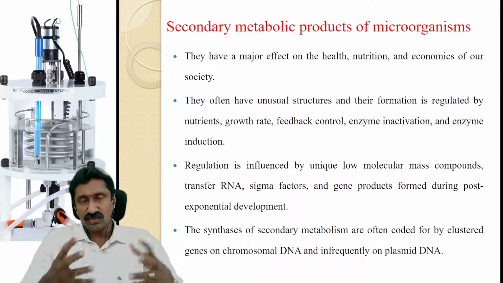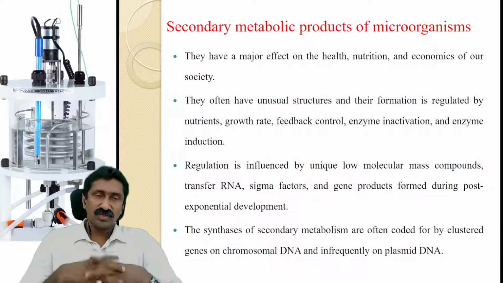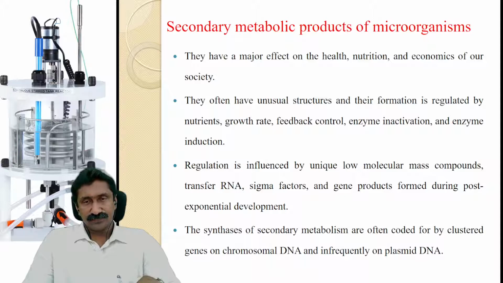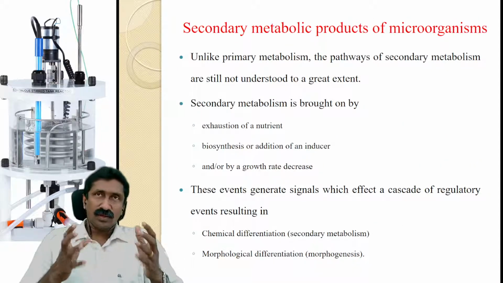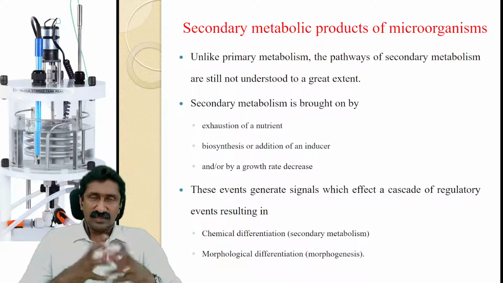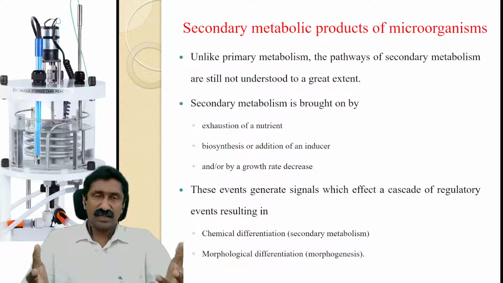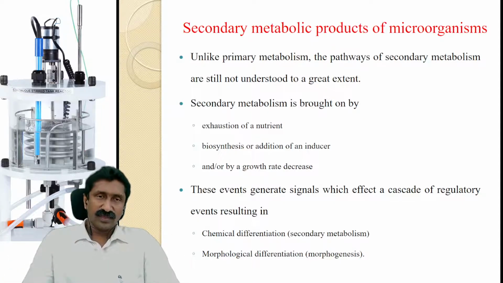The control elements may be present in the plasmid. That's why it is easily subjected to strain degeneration. Whereas the other genes, or the cassette of genes required for secondary metabolite production and synthesis and other enzymes, are present in the chromosomal DNA itself.